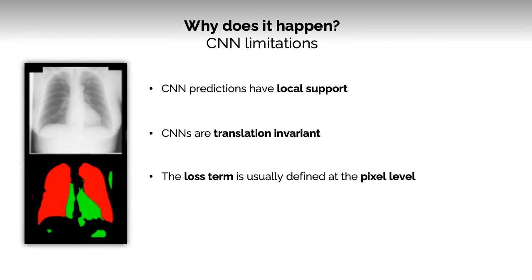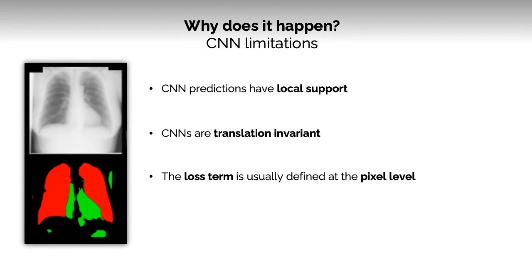And more importantly, and something we'll be talking a lot about in this first part of the talk, the loss function that we use to train segmentation models is usually defined at the pixel level. So that means that this loss function will only be looking at a particular pixel, and I don't care where the error is happening. The way I will be backpropagating this error is exactly the same if the error happens here, there, or there.